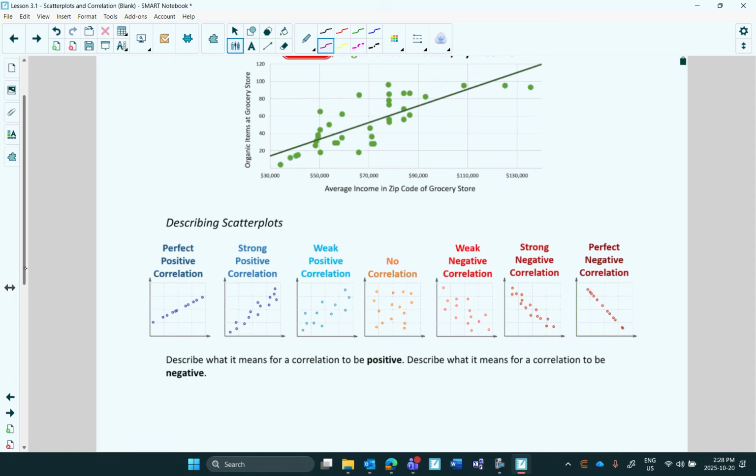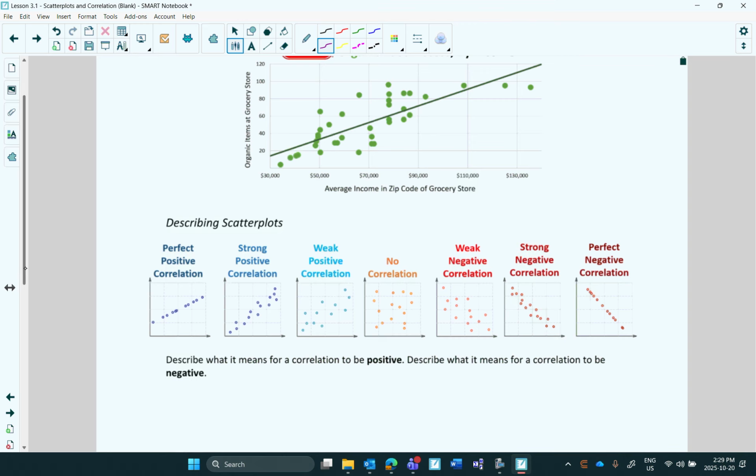Use context. Tell me the name. What is the action? Organic items offered. So as the household income goes up, more organic items are offered. That's what we can sort of see from here.